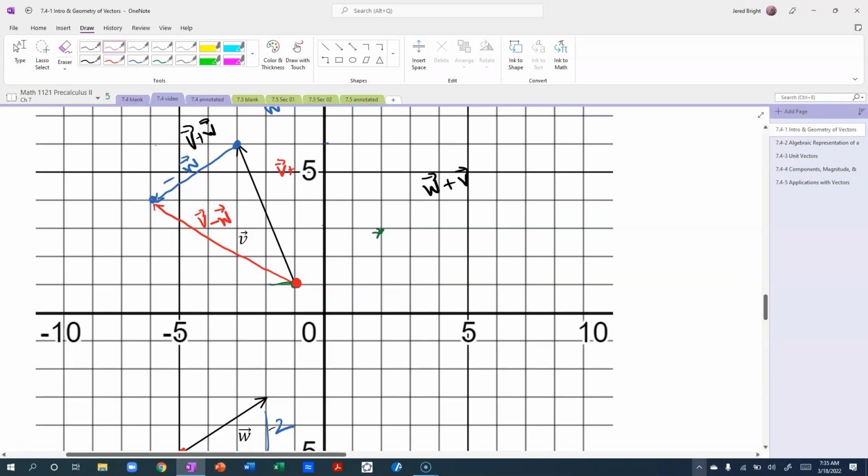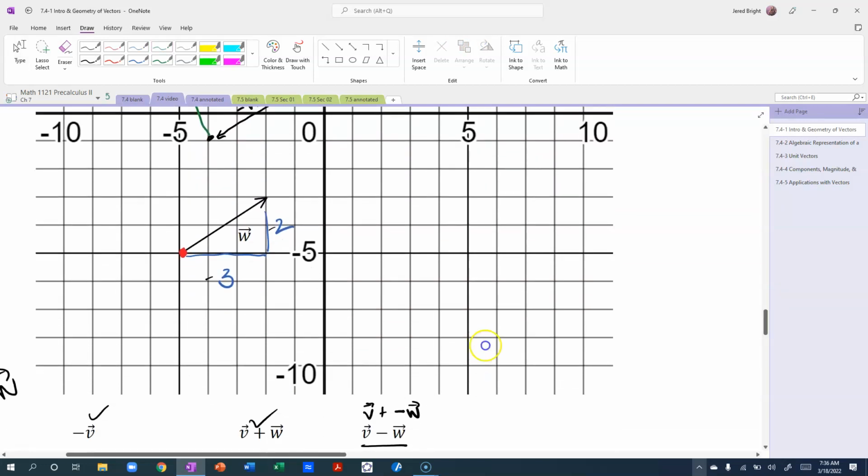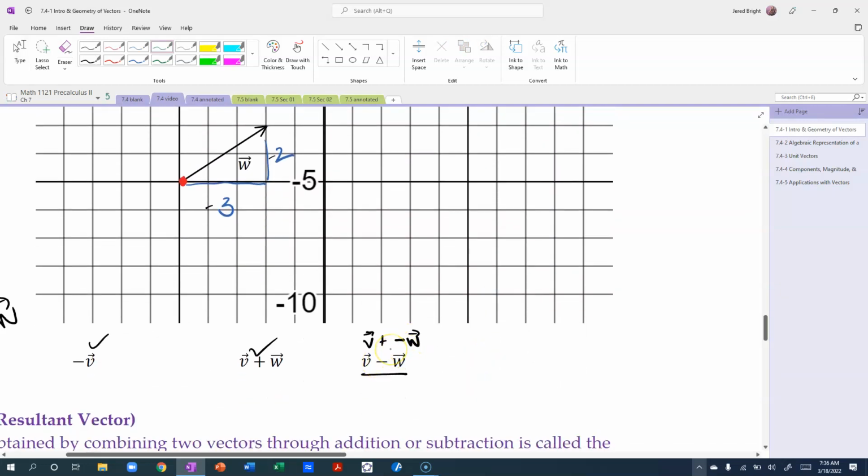Again, if you wanted to do it in reverse, v and w start at the same point, you would go from this initial point, go 1, 2, 3, and then minus 2 for negative w. So this is minus w. And then you would tack v on from there, and you get the same thing. So either way, but with the negative, make sure to represent it as opposite of w.